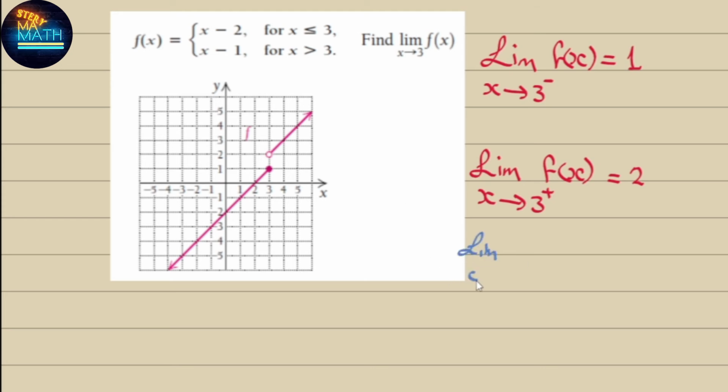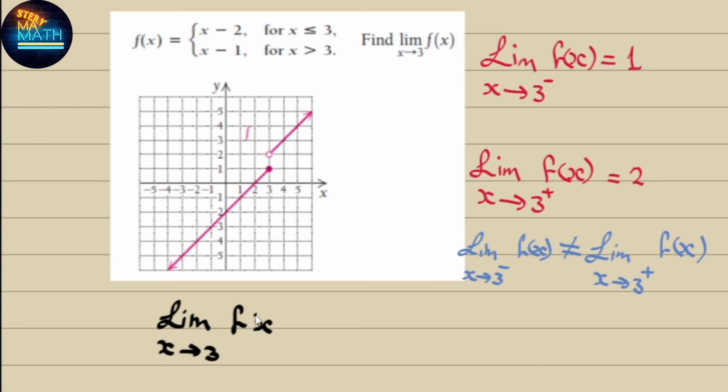So the limit as x approaches 3 from the left of f(x) is not equal to the limit as x approaches 3 from the right of f(x). So the limit as x approaches 3 of f(x) doesn't exist. The limit doesn't exist. And this is the answer.